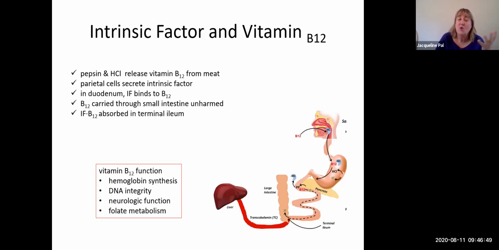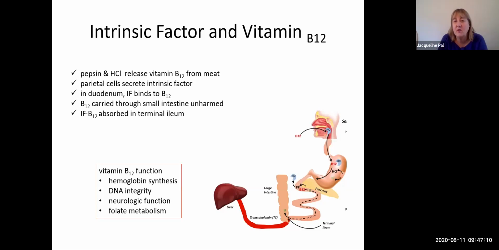B12 then gets to do its job, which has to do with hemoglobin synthesis, DNA integrity, normal neural function, and some folate metabolism. So it prevents some anemias as well as other important things. Without the intrinsic factor, vitamin B12 would be destroyed.